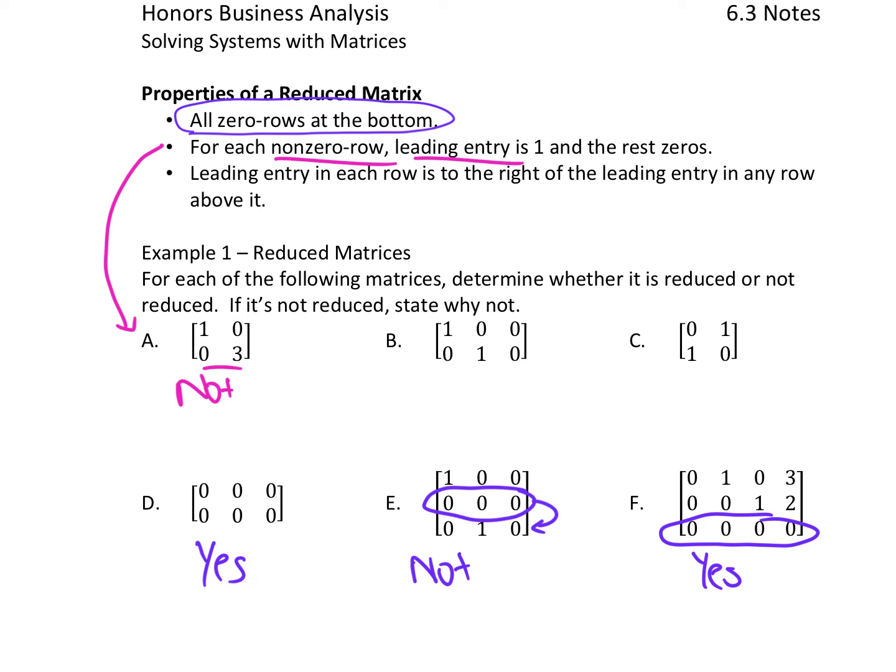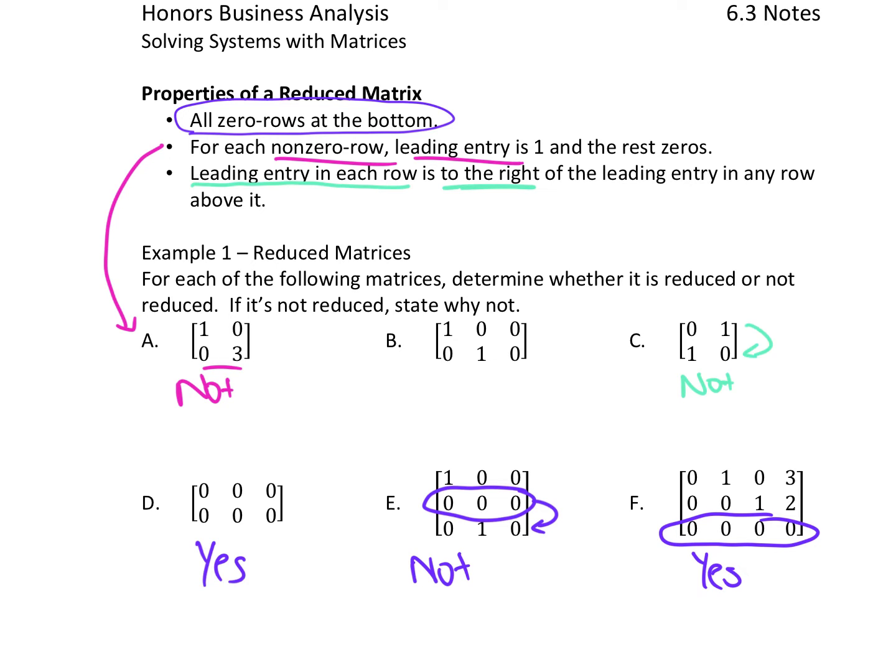So that would not be considered reduced. Then the last one sounds kind of confusing, but the leading entry in each row is to the right of the leading entry in any row above it. In other words, it can't look like C. So in that one, the top row has a number more to the right of the bottom row.